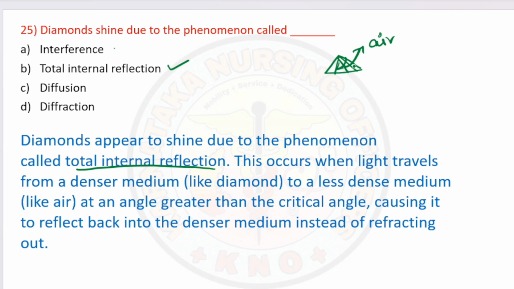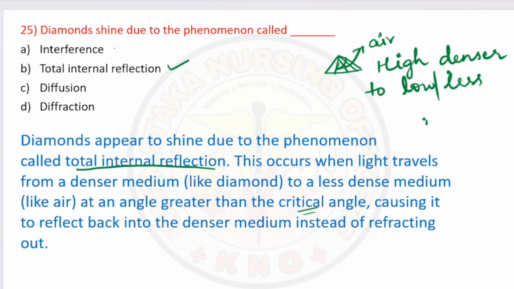Okay. So the phenomenon that is taking place to make the diamond shine is total internal reflection. Here I have said the conditions in the previous question: the angle must be greater than the critical angle, and the light ray must pass from a high denser medium to a less dense medium, that is glass to air.